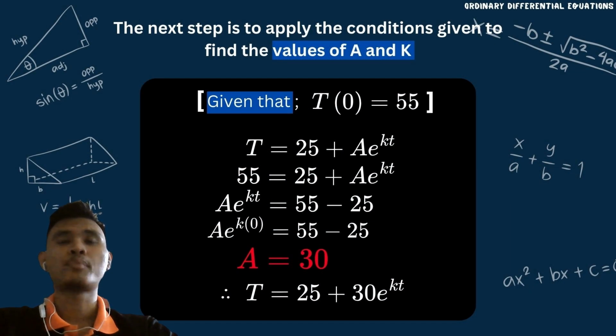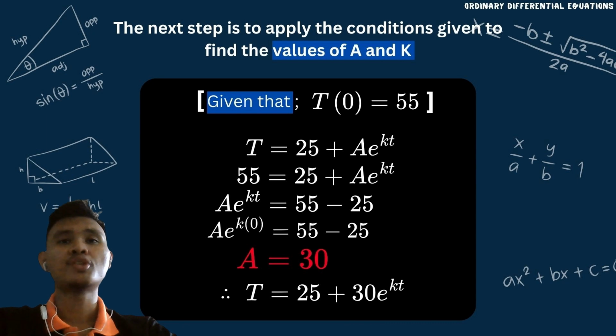Moving on to the next step, we apply the conditions given to find the values of A and k. As you can see, there is a highlighted blue part mentioning that T at 0 minutes equals 55. Previously, we got our general solution, which is T equals 25 plus A e^(kt).